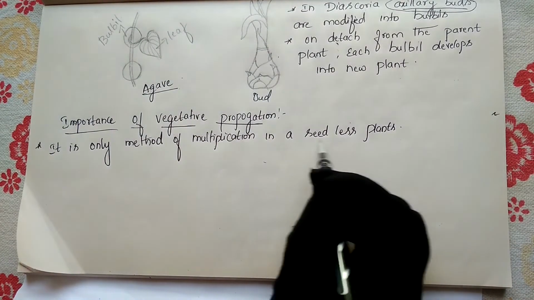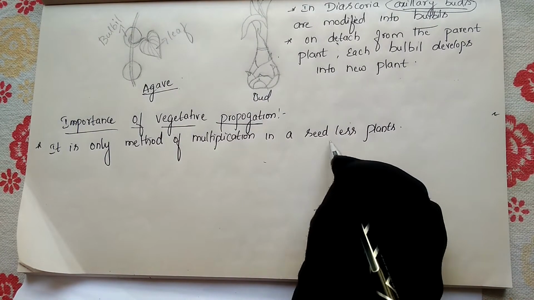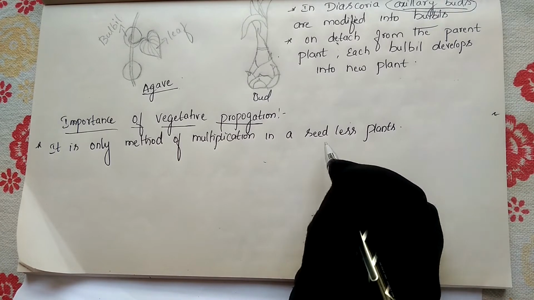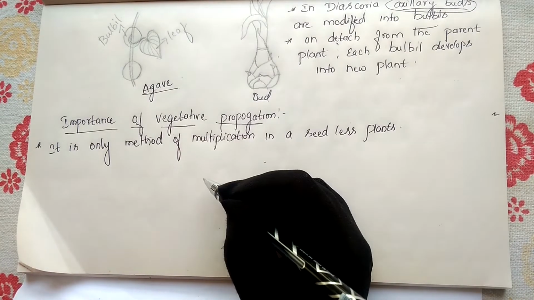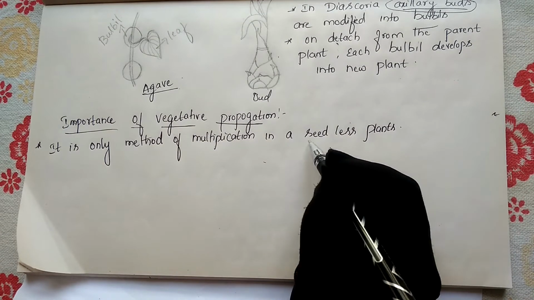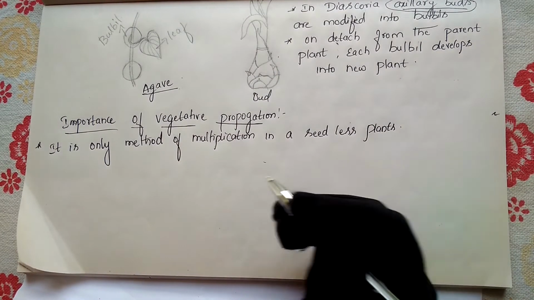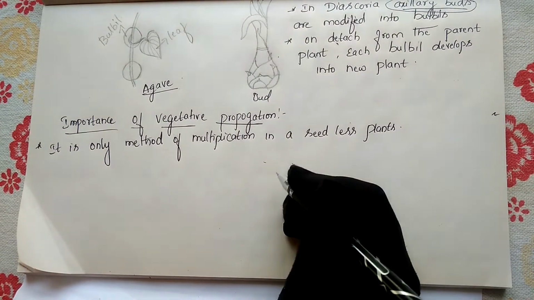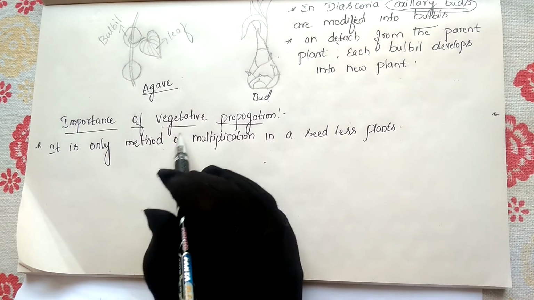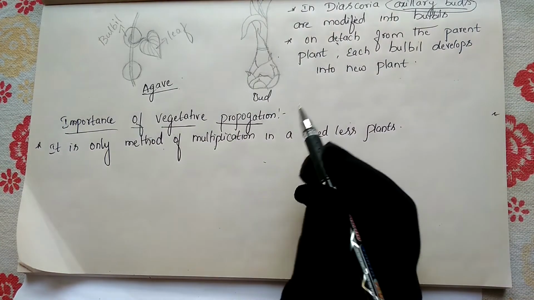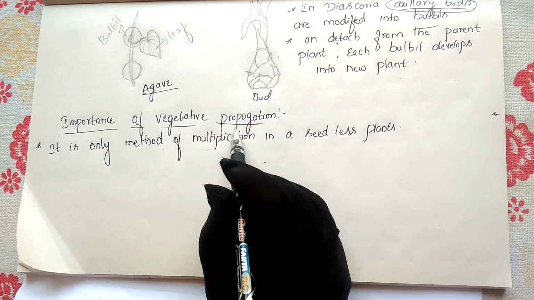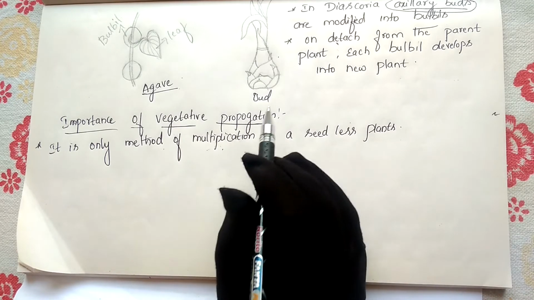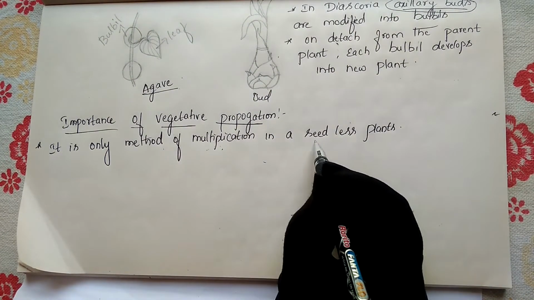In our nature we find varieties of plants, and not all plants produce seeds. Some plants produce seeds, some plants do not. The plants which produce seeds get a new plant with the help of that seed. But for the plants which do not produce seeds, this is the only method to produce their own offspring. So vegetative propagation is the only method to produce offspring in a seedless plant.